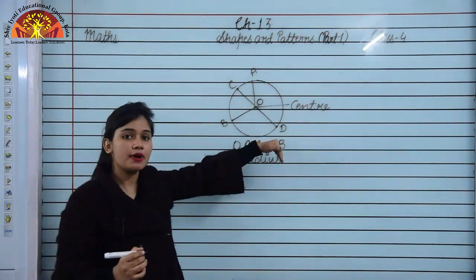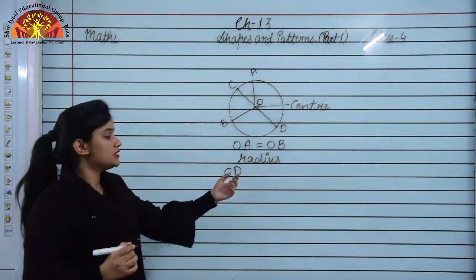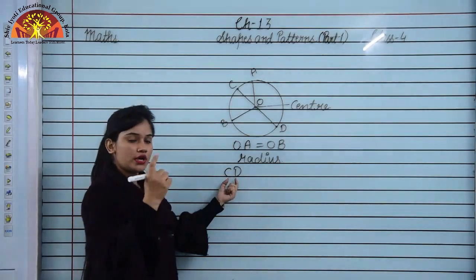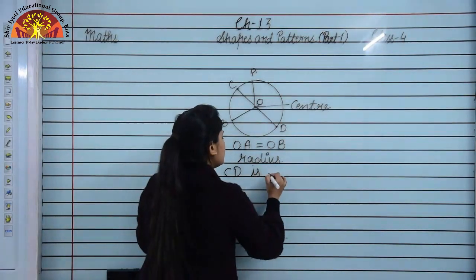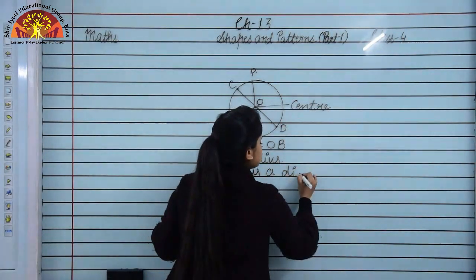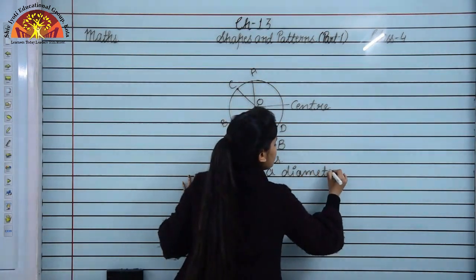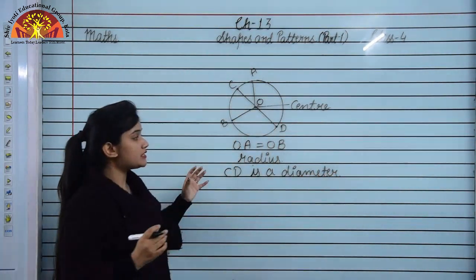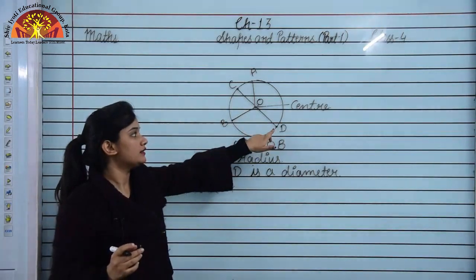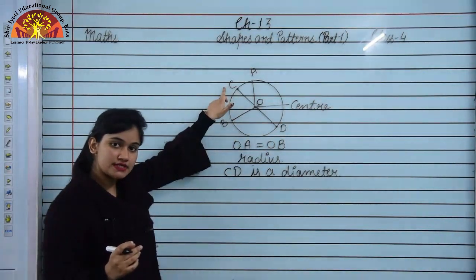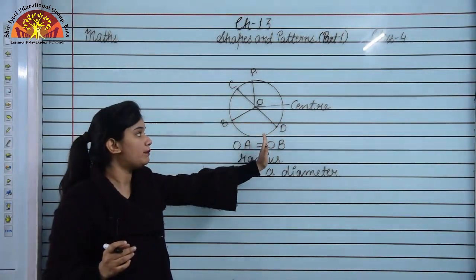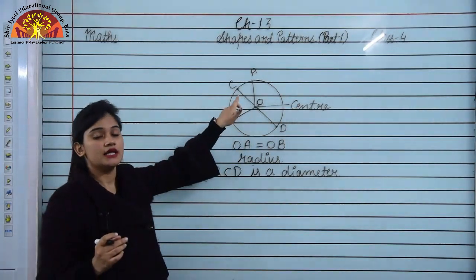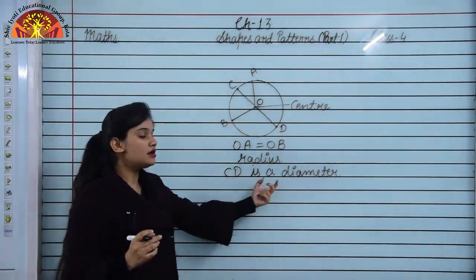Where is this line segment passing from? It is passing through the center. So this line segment is known as a diameter. CD is a diameter here. The line segment between 2 points on the boundary of the circle that passes through the center is known as a diameter.